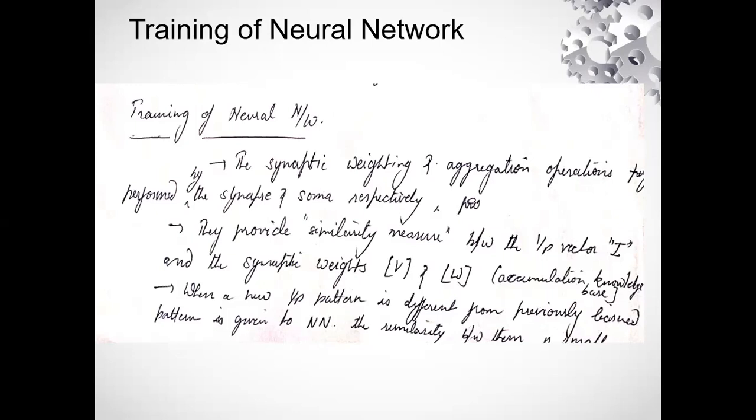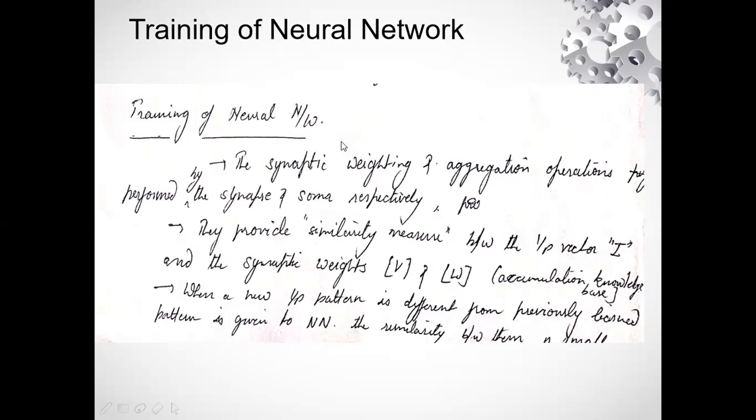First of all, the synaptic weighting and aggregation operations are performed by the synapse and soma respectively. That means the synaptic weighting and aggregation we do, where aggregation means we are summing up. We have studied this many times earlier. There are two units: one is called the summation unit and the other is the threshold unit.